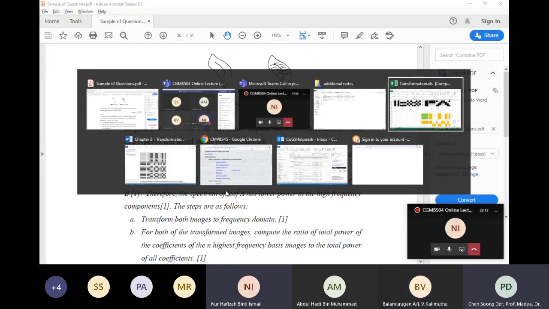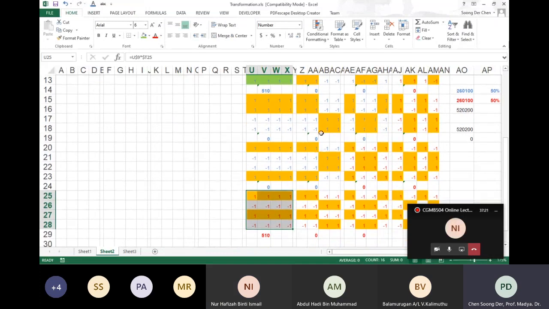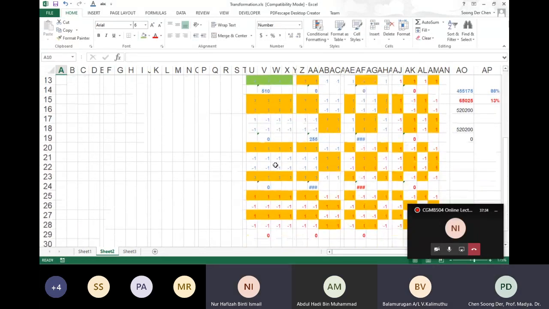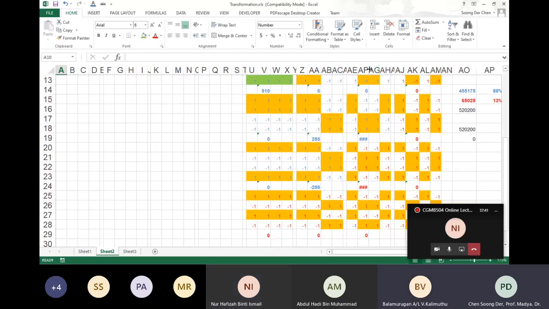Just like here, you can see that. In this case, you can see the high frequency. If we go into type B, I choose number 7. You can see that most energy is focused where?